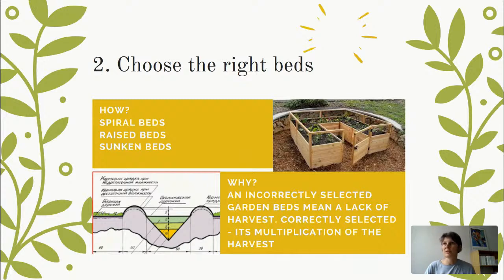For some climates it is very nice to have a raised bed. For other climates, it's not really possible to grow something there because it's too hot, too dry. So if you choose the right garden bed for you, you will get much more harvest from it.